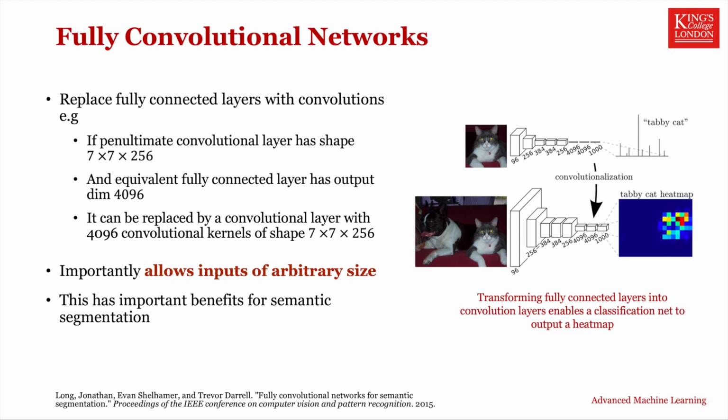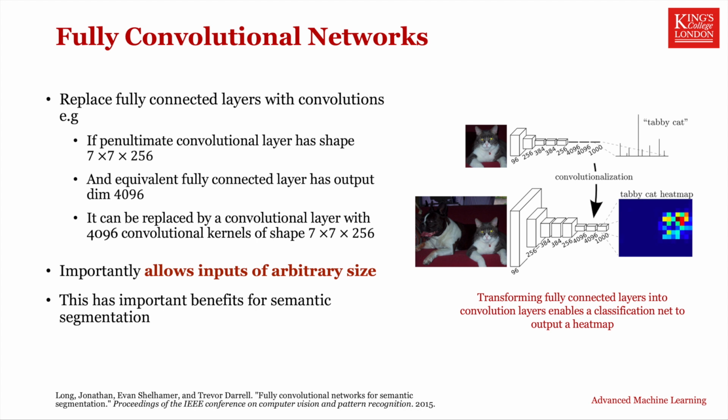Therefore, fully convolutional networks were invented instead. These get around this requirement by replacing the fully connected layers with convolutional layers, which do the same thing. So, for example, if the penultimate convolutional layer, in other words, the final convolutional layer before what would have been the fully connected layer, has shape 7 by 7 by 256, a fully connected layer with 4096 neurons can be replaced by a convolutional layer with 4096 kernels of shape 7 by 7 by 256, because convolution of each one of these kernels with the whole image will just return one single value.